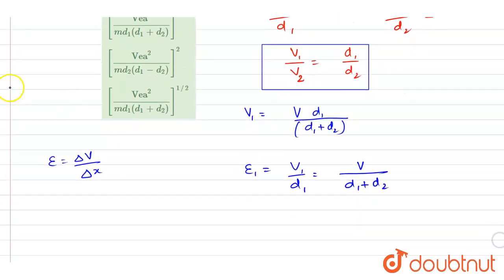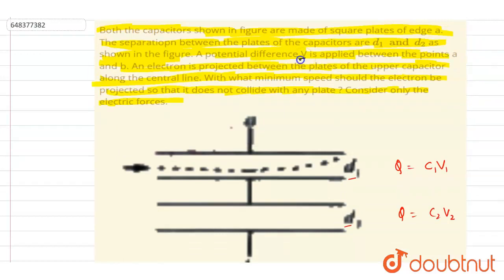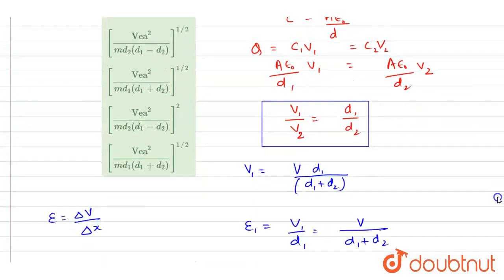Now, as you got this, you can get the force on the electron, right? The potential difference is applied, it is this, and the electric field is this.